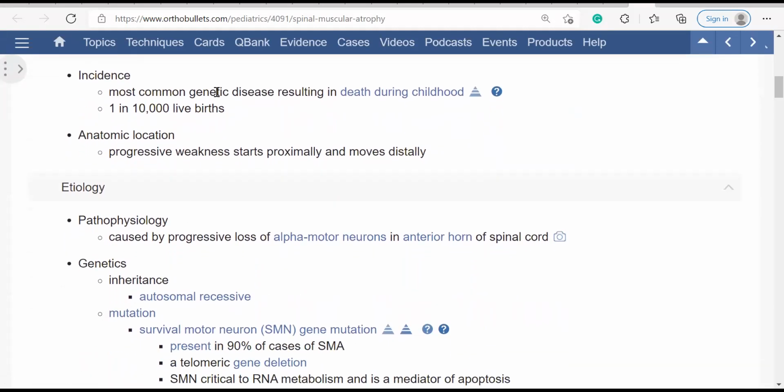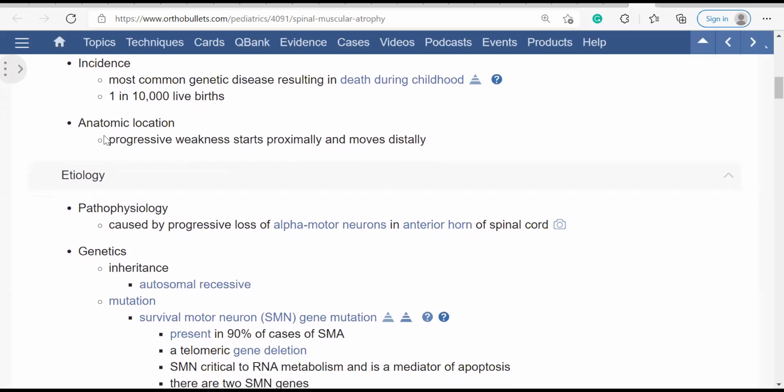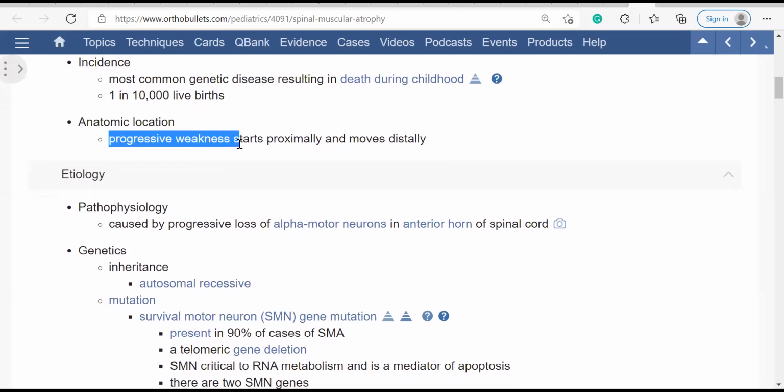It is the most common genetic disease resulting in death during childhood. That means SMA has a lot of subtypes. One of the subtypes, subtype 1, is a very severe form of SMA, and the child can usually die within a few days. Progressive weakness starts proximally and moves distally.